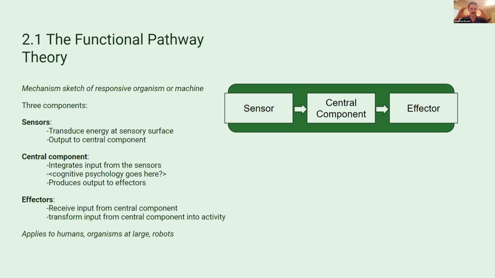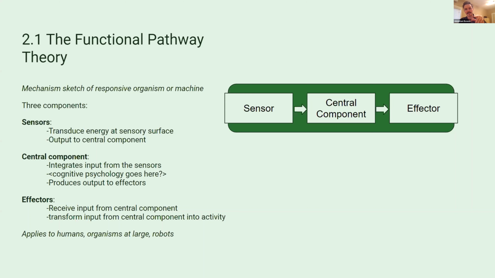It has its work cut out for it. It has to take input from sensors, produce output for effectors, and do some kind of integration in between. This is where you might put the task of cognitive psychology, to say what goes on in the middle. It's natural to talk about that in terms of information processing.